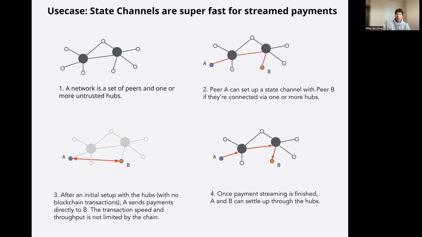After that, no more blockchain transactions are performed. If node A wants to establish a direct payment channel with node B, in this case, a couple of intermediaries need to be involved to establish that payment channel. Once the payment channel is established, payments are streamed directly from A to B without intermediaries involved, which is really powerful.